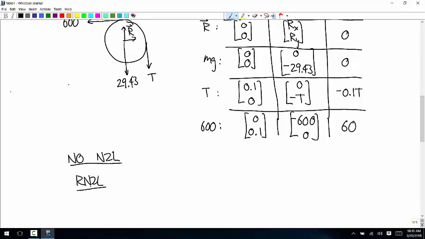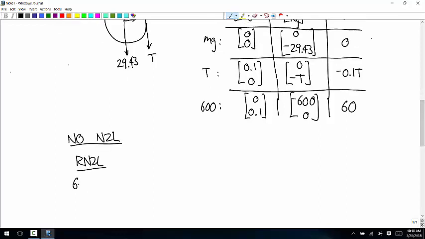So the moment equation says 60 minus 0.1 T is equal to 0.015 times alpha.